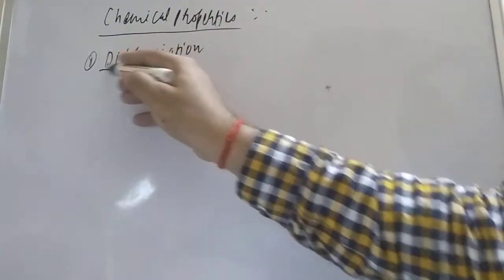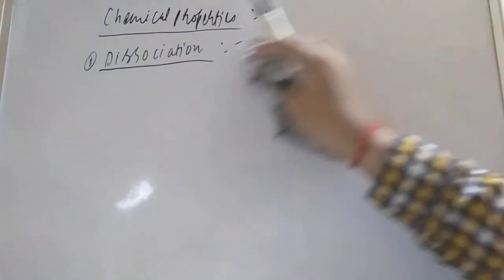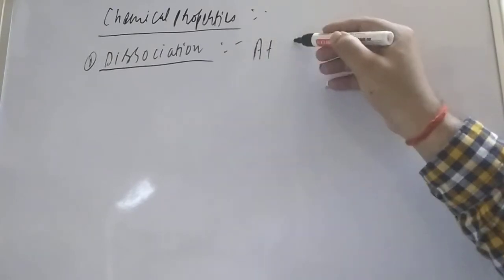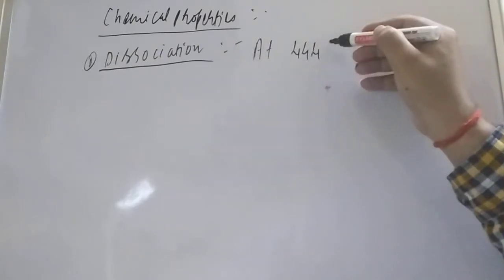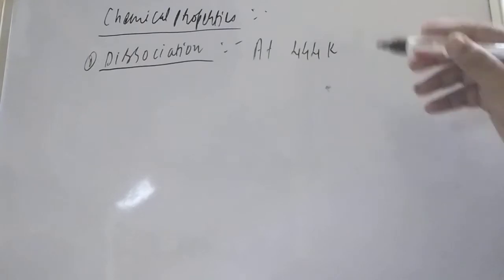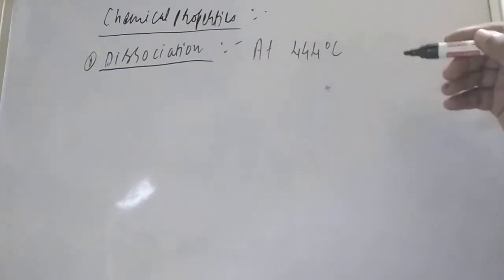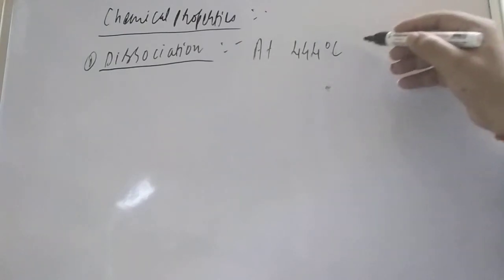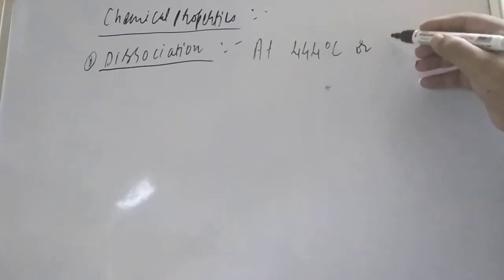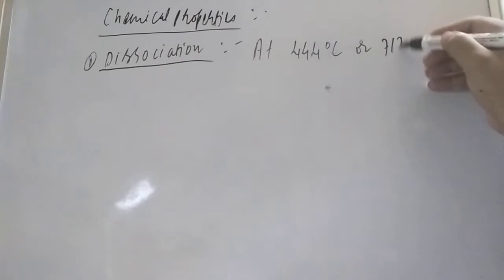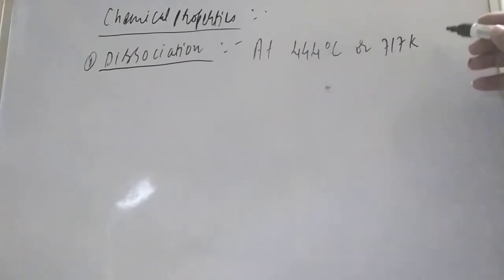And what is the meaning of dissociation, student? That is at 444 Kelvin. At what Kelvin, student? Actually it is not Kelvin, it is 444 degrees Celsius. Or if you put it in Kelvin, how much? 717 Kelvin you can write.